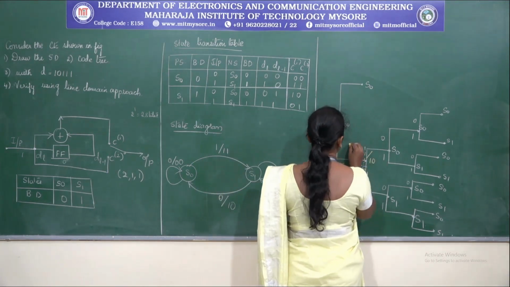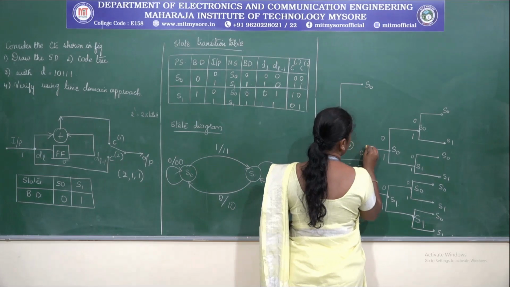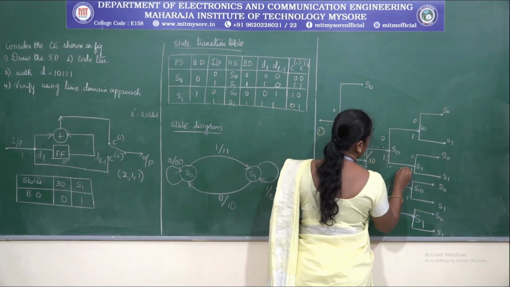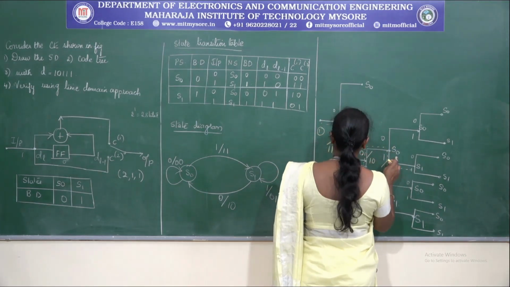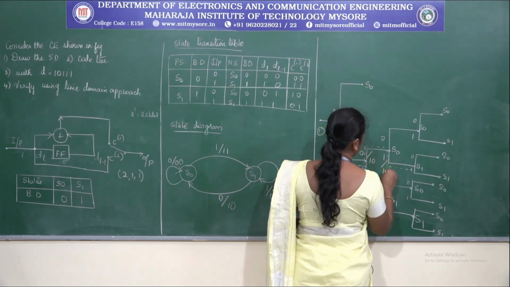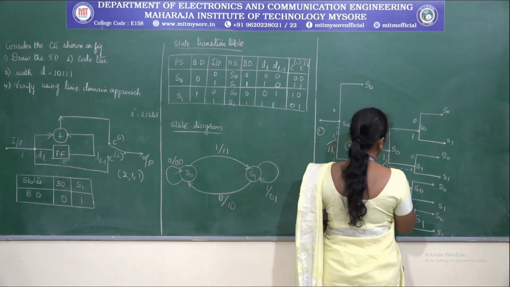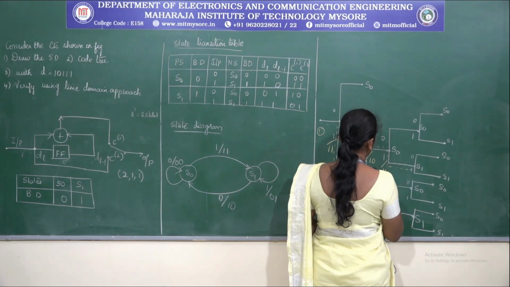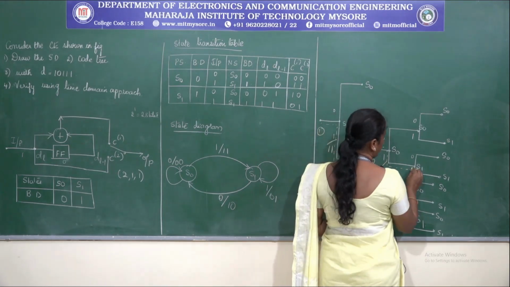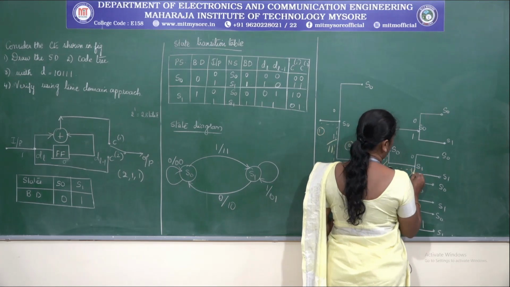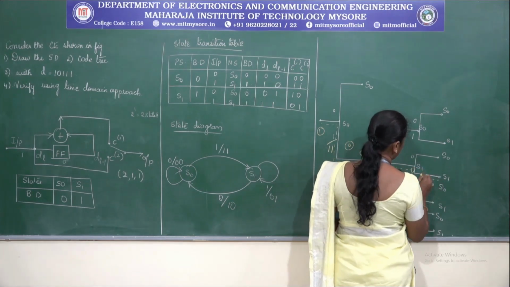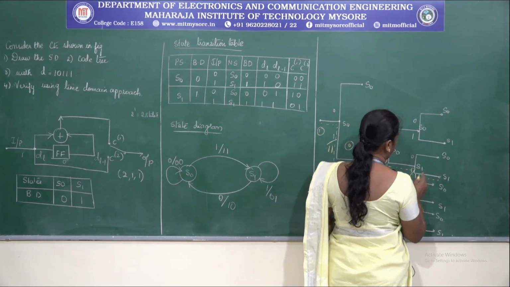What is the next message input? The next message input is 1. So it makes a downward transition. S0 with 1, the output is 1, 1. This is for the third message input 1. Again we have 1, so it makes a transition to S1. Again the output is 1, 1.